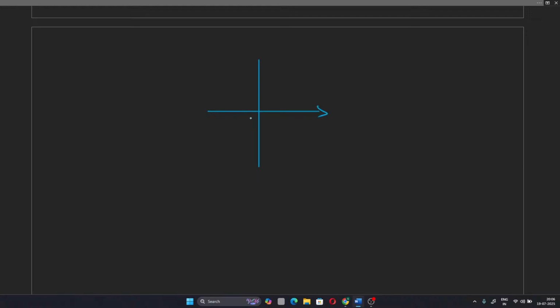these are the axes x and y dash. There is a vector acting like this in this direction. This is 1 Newton. Angle is 60 degree.